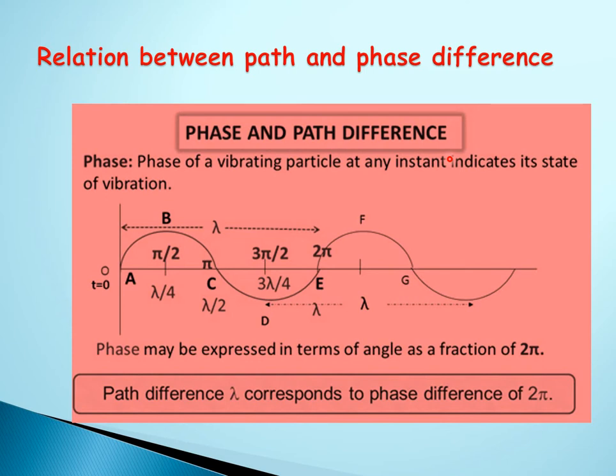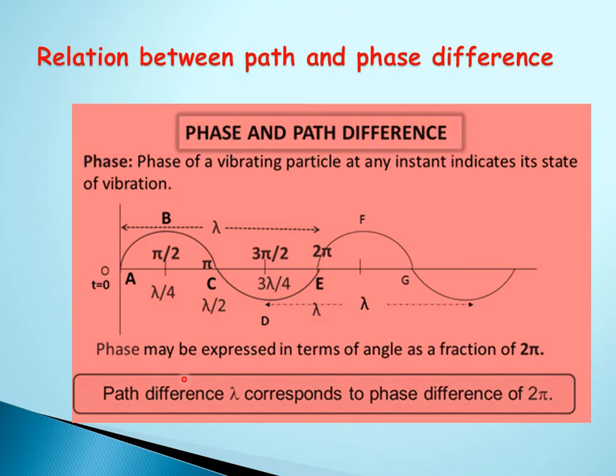And finally, we concluded that by the time the particle completes one revolution along the circumference of a circle, the foot of the perpendicular completes one oscillation. That is, one oscillation means one wave. One wave means the length of the wave is lambda. Okay? The wavelength lambda corresponds to one complete rotation, that is 360 degrees.